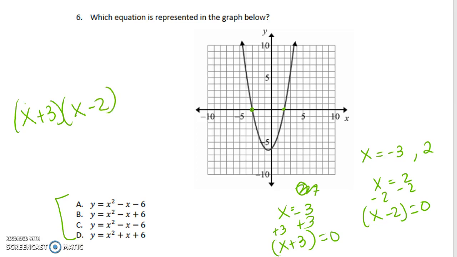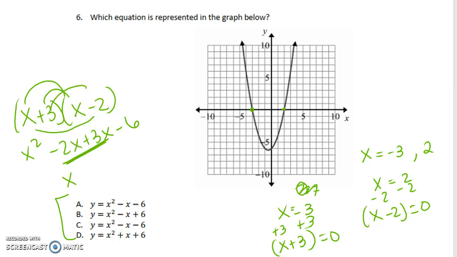So if I FOIL this out, I get x squared minus 2x plus 3x minus 6. So if I combine here, I would end up with answer choice C. Answer choice C.